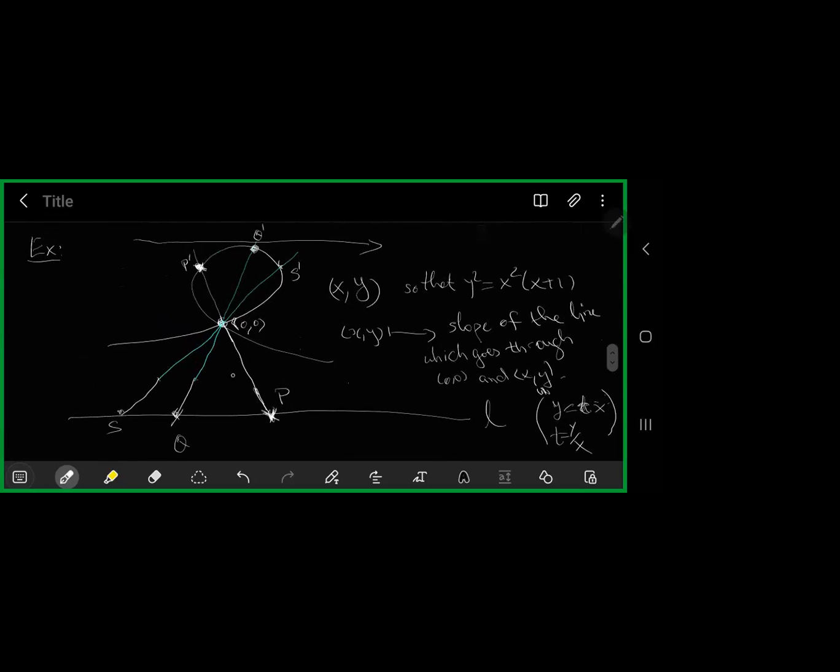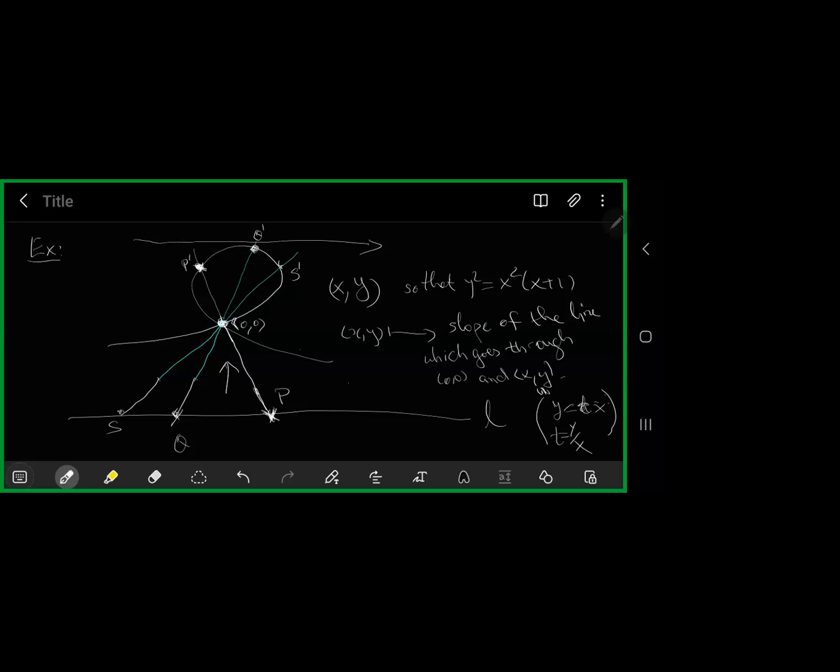And what have we done so far? I've gotten this mapping from the line to the nodal curve, which actually gets rid of the singularity. So if we forget this point, this point doesn't go anywhere. All the other points go somewhere. This point is just missing from the picture.